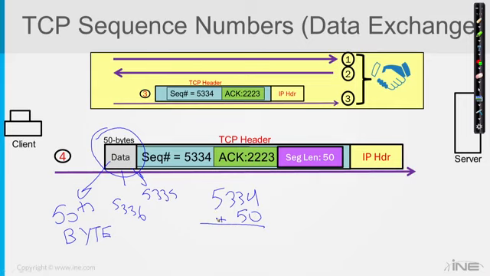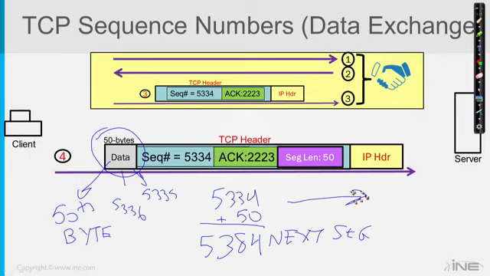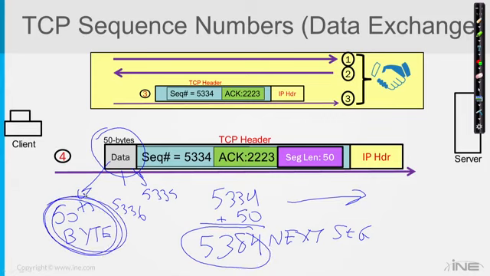That means my next segment should be 5384. The next segment I send upstream is going to be 5384. This number is the number of the 50th byte, the very last byte in that segment.